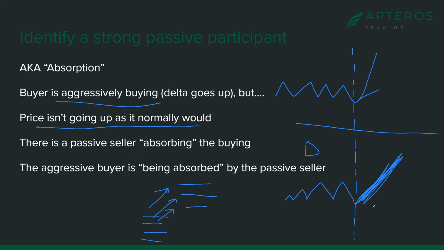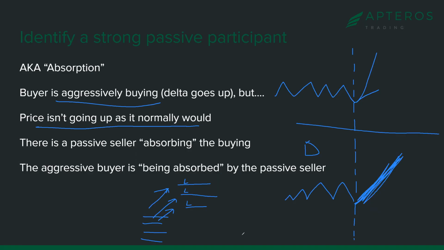There's only one reason that could ever occur, and that's because there's actually a large, strong, dominant, whatever you want to call them, passive seller right here and right here and right here, large. And so you've got all this aggressive buying lifting those offers, or trying to at least, but there's size sitting there absorbing the buying.